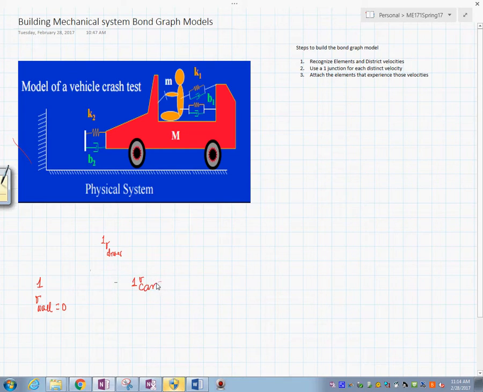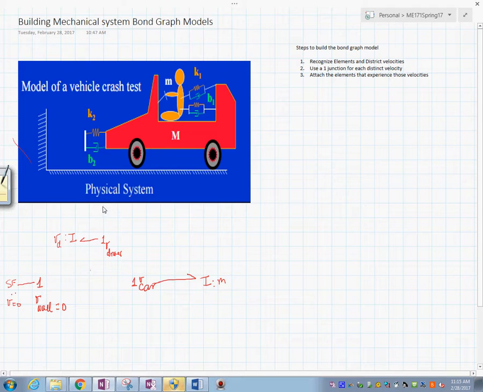Attached to this, of course, there is the vehicle itself with value m for mass. Attached to this, we have the dummy over here, which is the velocity of the driver. And this, of course, in here is an SF with value 0.